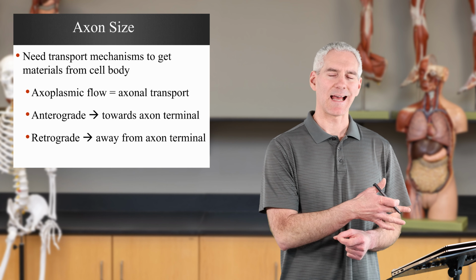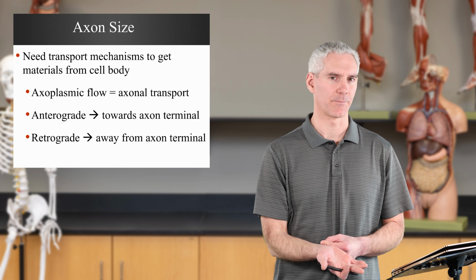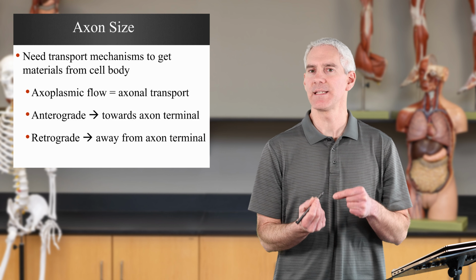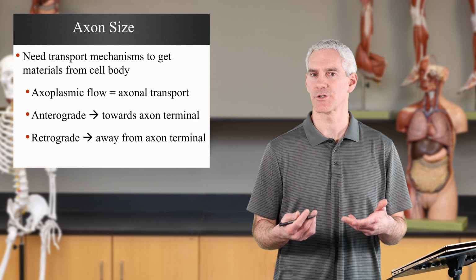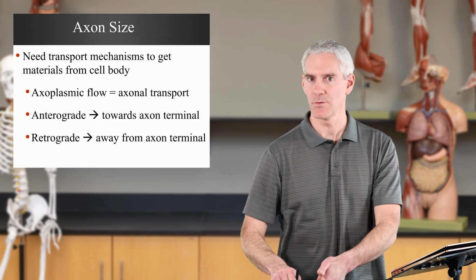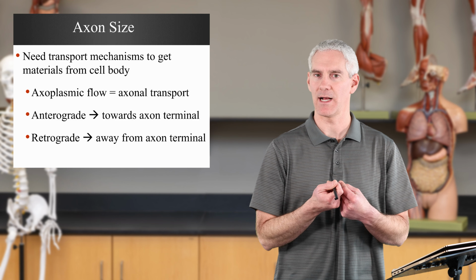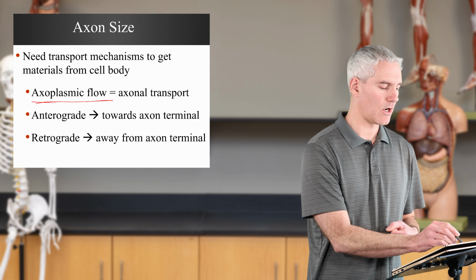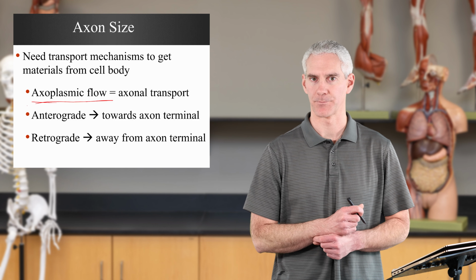So when you start looking at how everything's working here though, because if you have this very long axon, you need to get those neurotransmitters and all the structures and everything else down to the end and then back to the cell body. So what's going to happen here is we're going to have what's called axoplasmic flow.